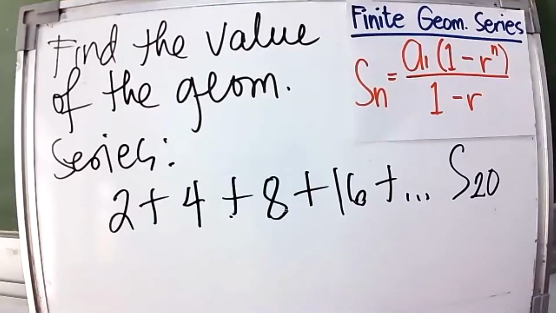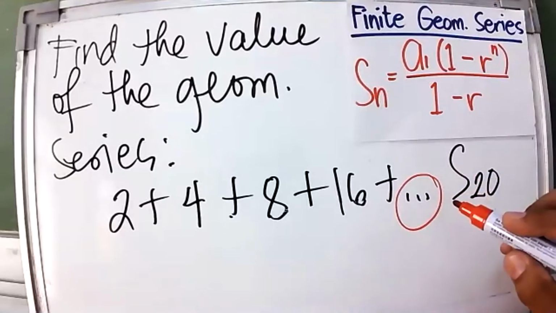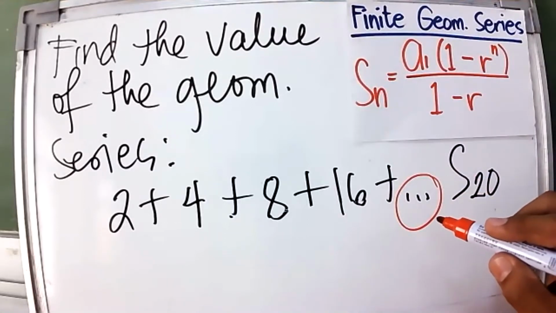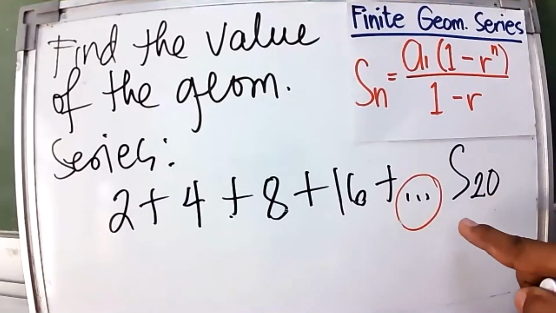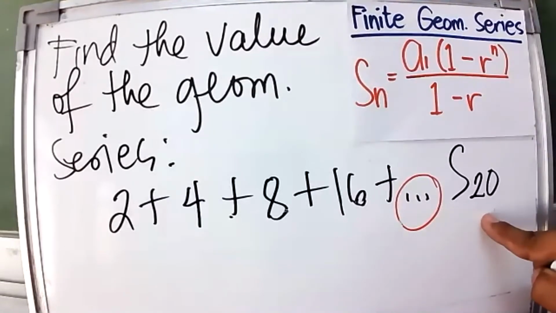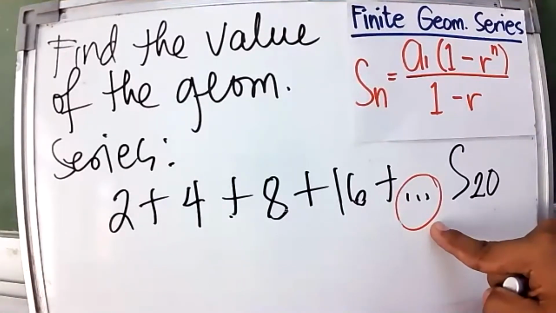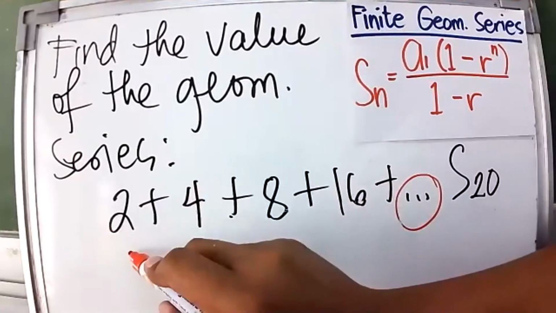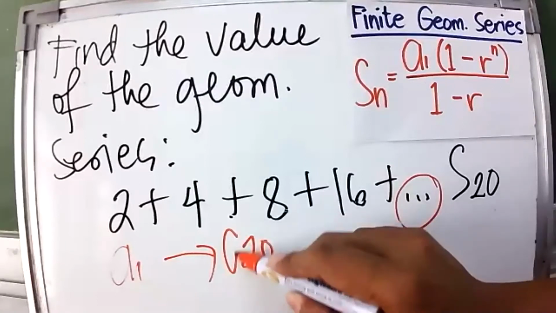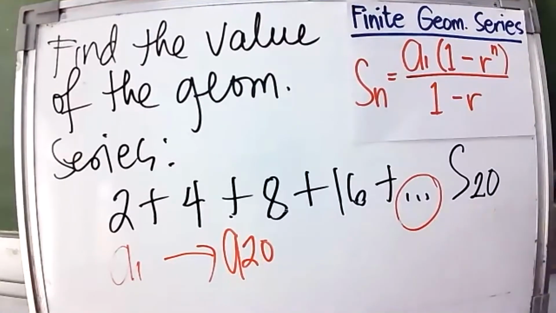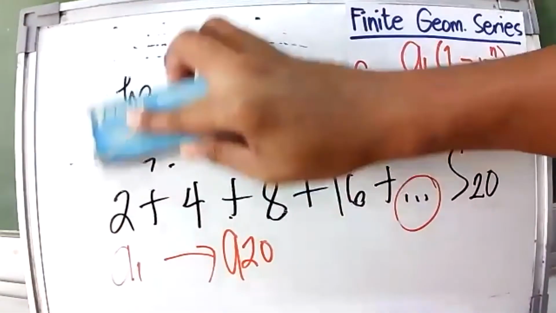Even if you see those three little dots there, which means continuous numbers, if you got this S sub 20, it means you're just adding from the first term to the 20th term. That's for S sub 20.